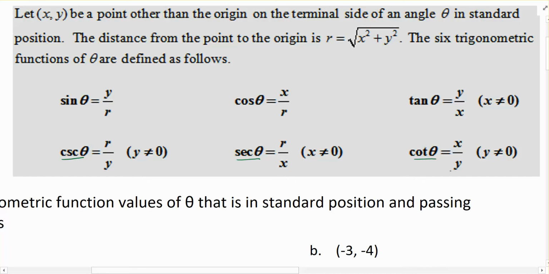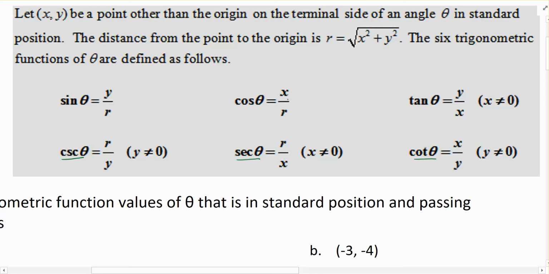If you notice the row right above, sine theta and cosecant theta are related in that they are just flipped from each other. They're reciprocals of each other. So where the sine of theta is equal to y over r, cosecant of theta is simply the reciprocal of that ratio, r over y.